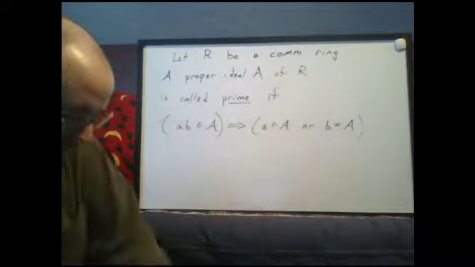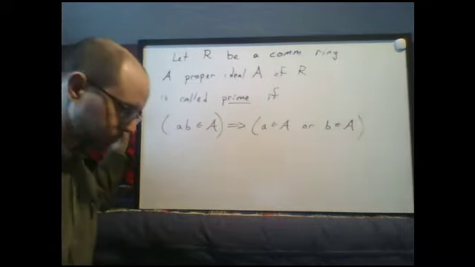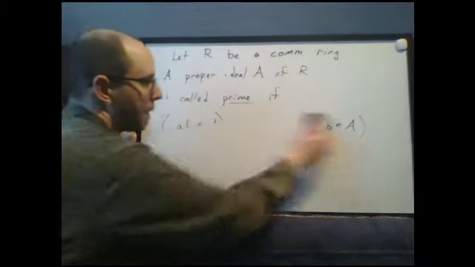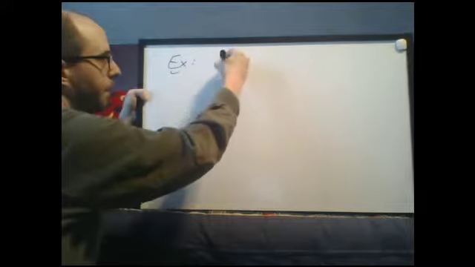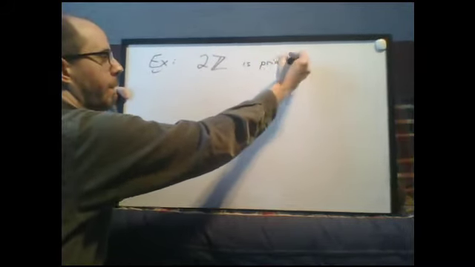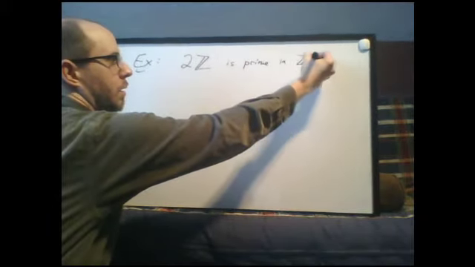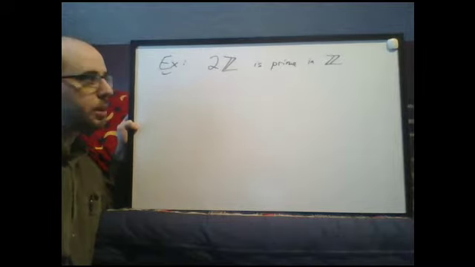Okay, so let's look at some examples first, some prime ideals and some non-prime ideals. Start with the easy one. So 2Z, the even integers, is a prime ideal in the integers.